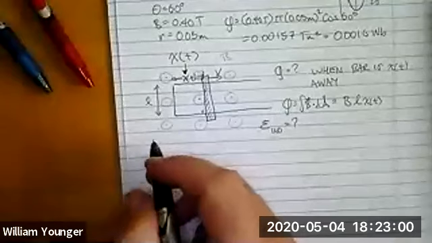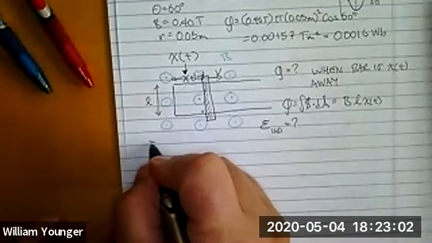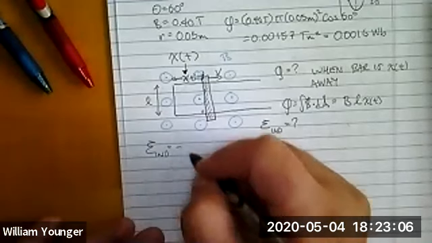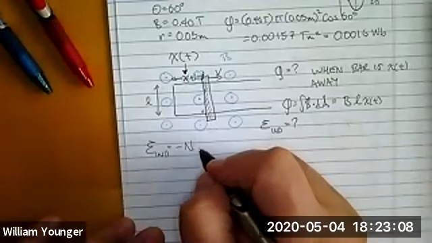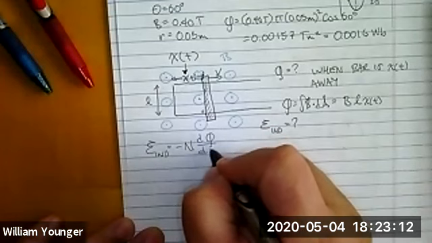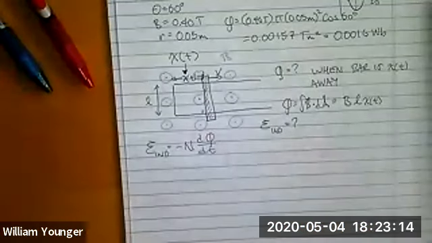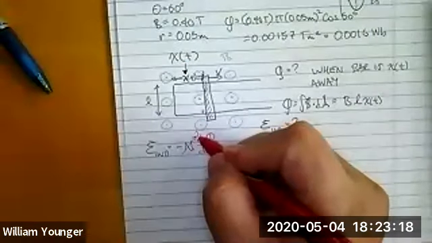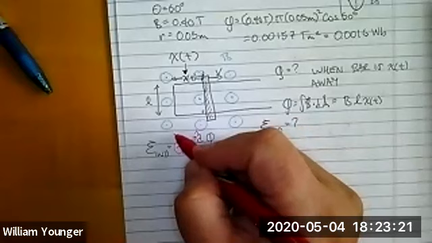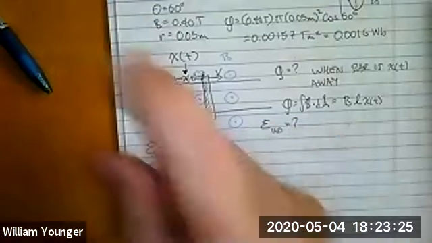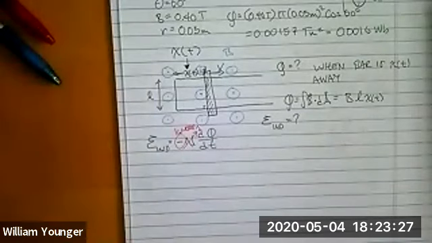Well, according to Faraday's law, E induced is equal to negative N. We only have 1 here, so I don't have to worry too much about that. I'm just writing it so you don't forget it. d by dt of the magnetic flux. So as I said, N in this case is just going to be 1, and I'm going to ignore the sign, and just try to figure out what the direction is later.